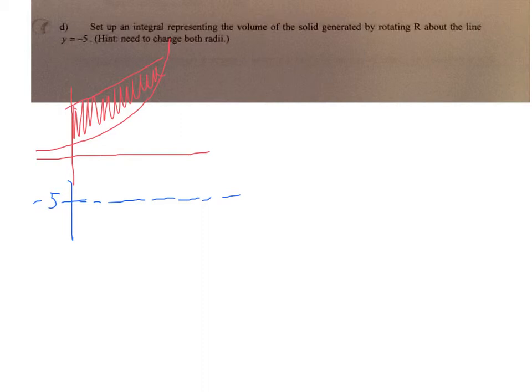Whatever my distance is here, that distance is actually going to be a distance of 6, because e to the x crosses the y-axis at 1. So that total distance is 6, so this is going to be -11. You don't really need to be that specific on your diagram, but perhaps it'll help you. So I'm going to reflect e to the x over y equals -5, and when I reflect the 10 plus x, it will be down here.